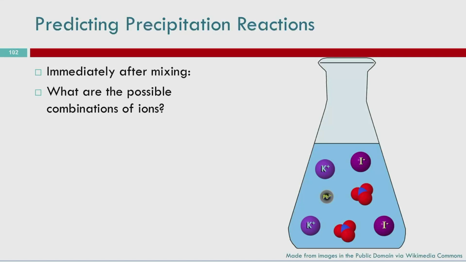Who can give me one pair that we can make with these ions? Just name two ions that can go together. Those are our four ions. What's one combination of two ions?